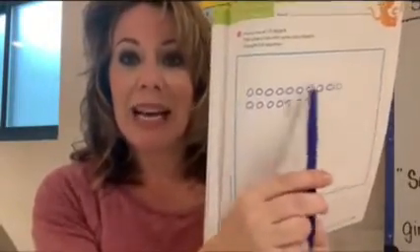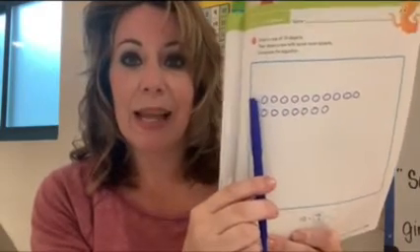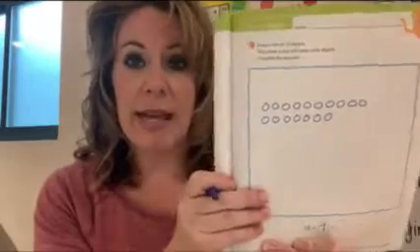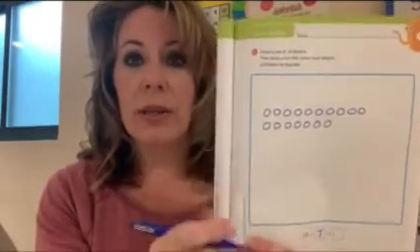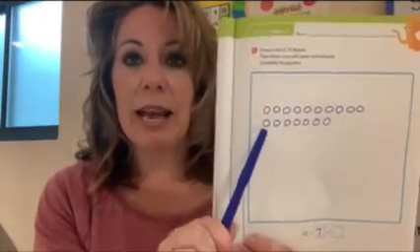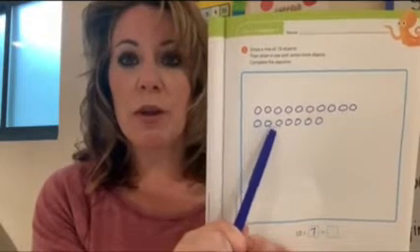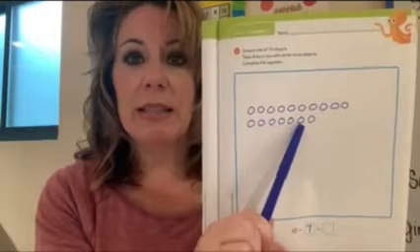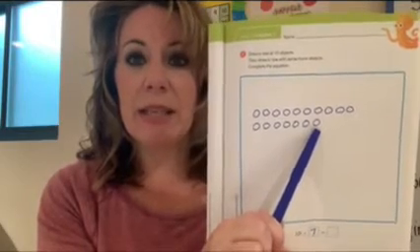I subitize that this is how many? 10. I can just subitize that that's 10. And now I count on. So if I have 10 up here, then I have 11, 12, 13, 14, 15, 16, 17.